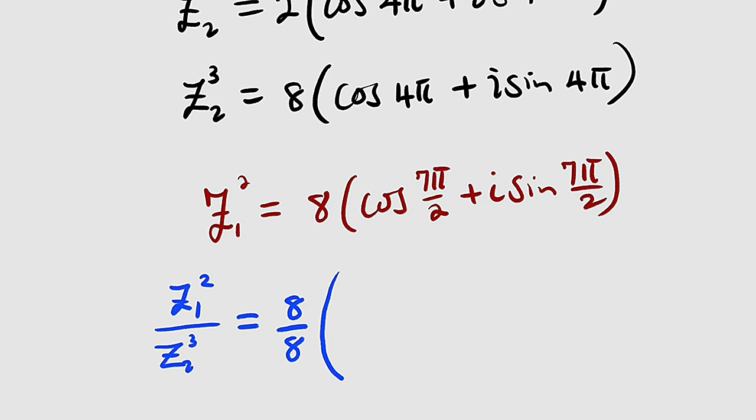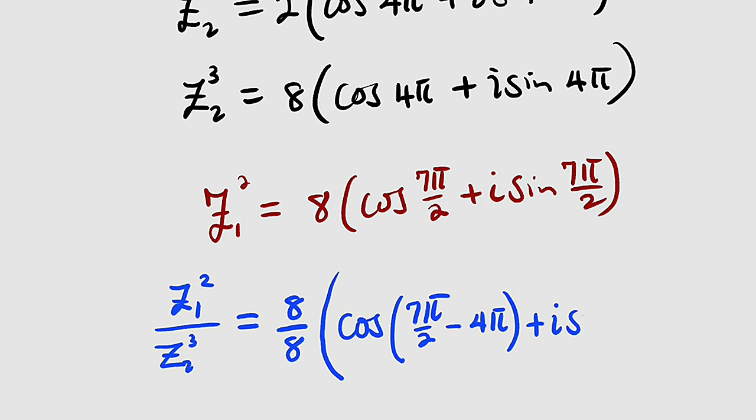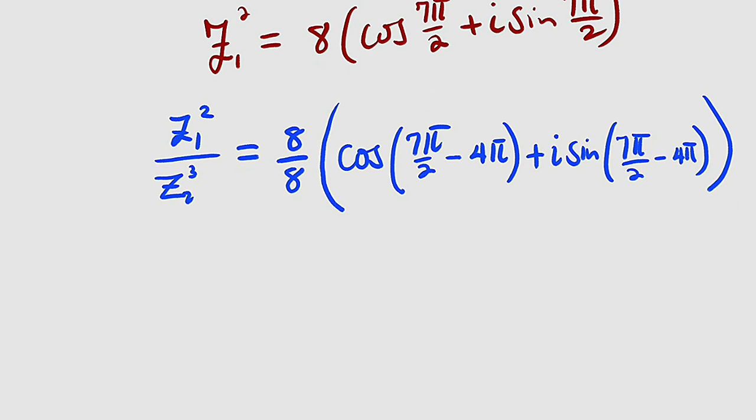Then multiplied by cosine of what? You take this, you subtract this. You have 7 pi divided by 2 minus 4 pi. You add I sine of the same thing. 7 pi divided by 2 minus 4 pi. You close. We simplify and get our final answer.